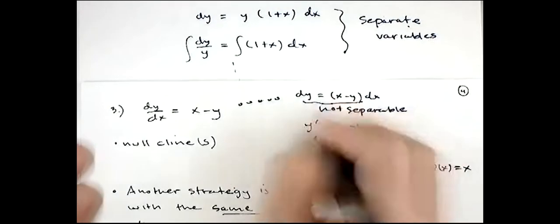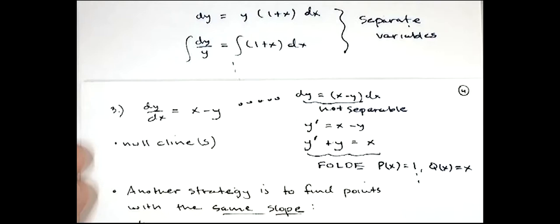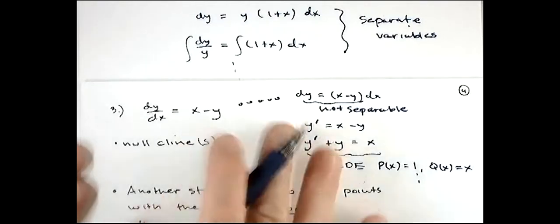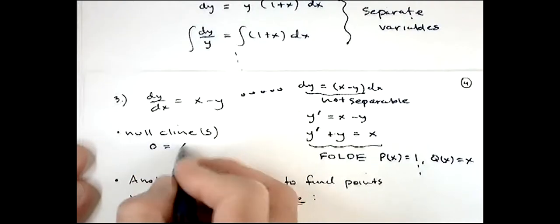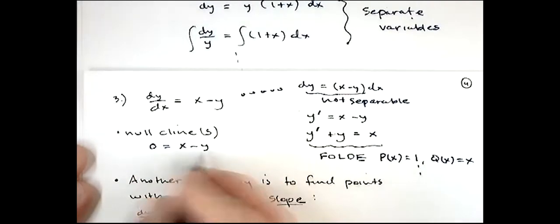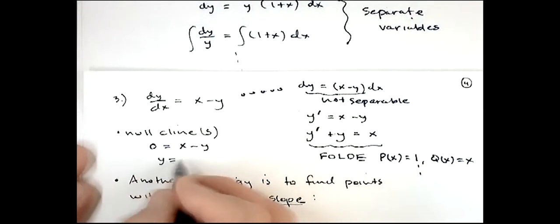So you could solve this, also good practice. See if you can solve that later on. But let's think about the direction field here. My Nullcline this time, if I set dy dx equal to 0, is just 0 equals x minus y, which is y equals x, not y equals 1, y equals x.